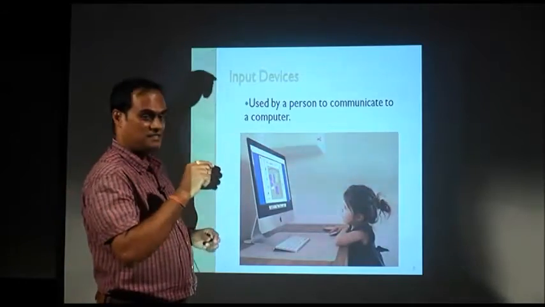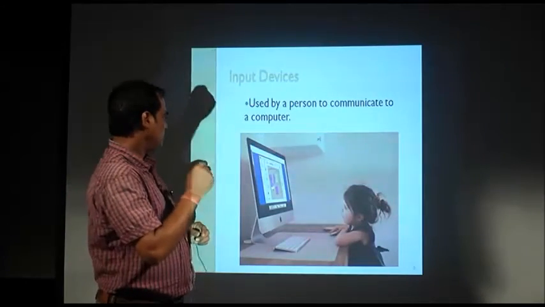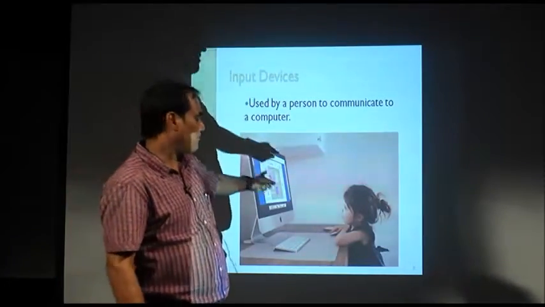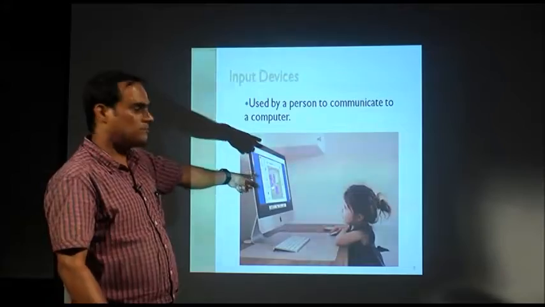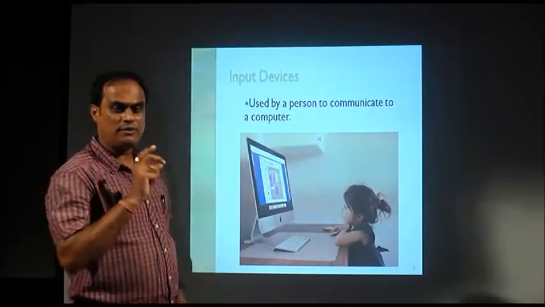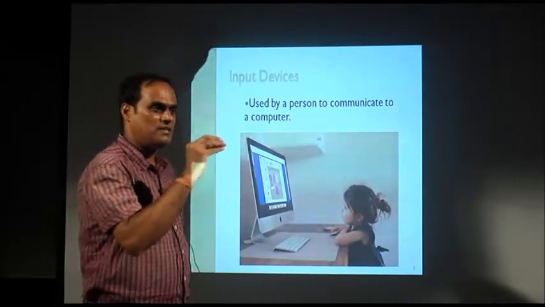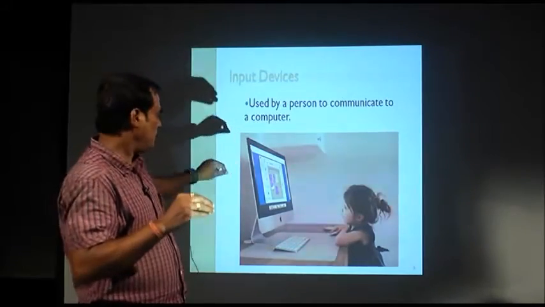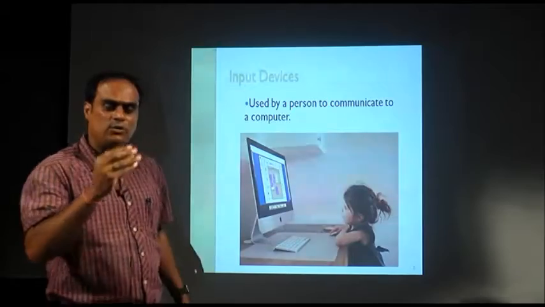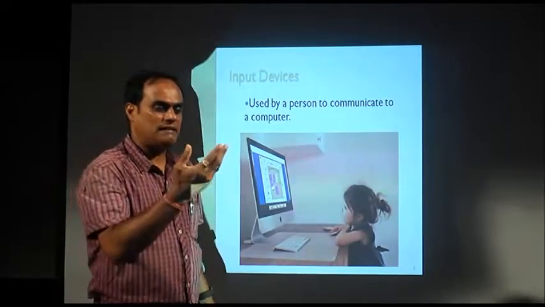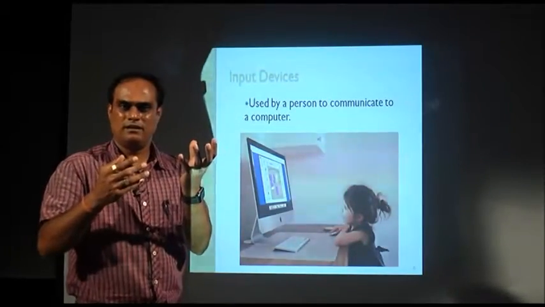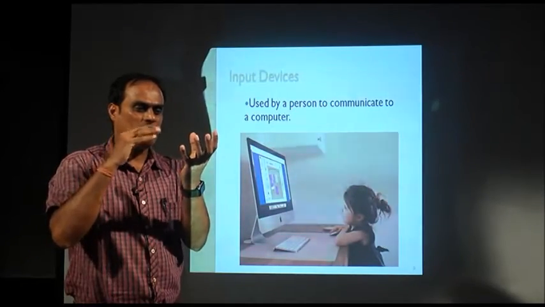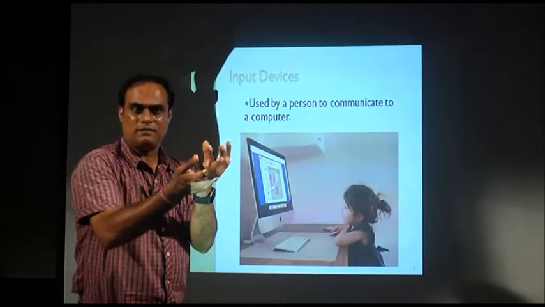One graphic is there and it is visible to that kid, and she is thinking of giving certain input. So how exactly, what is the method being used? What we are thinking, we give that as input.